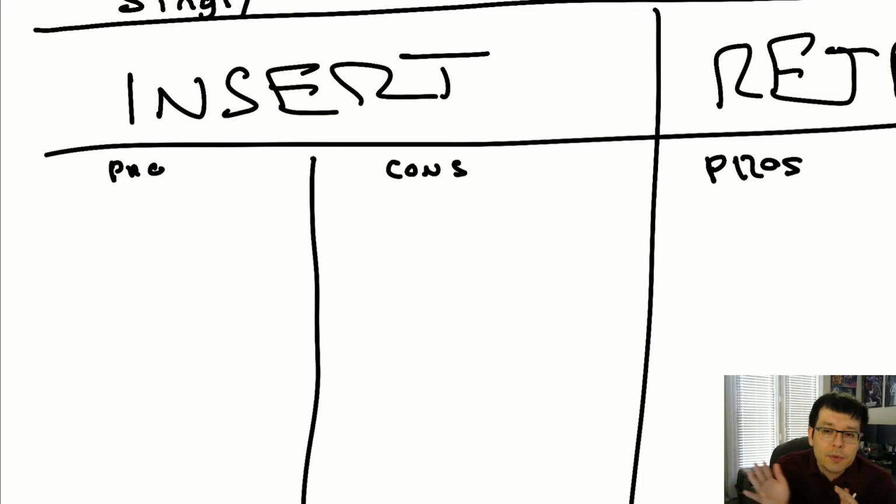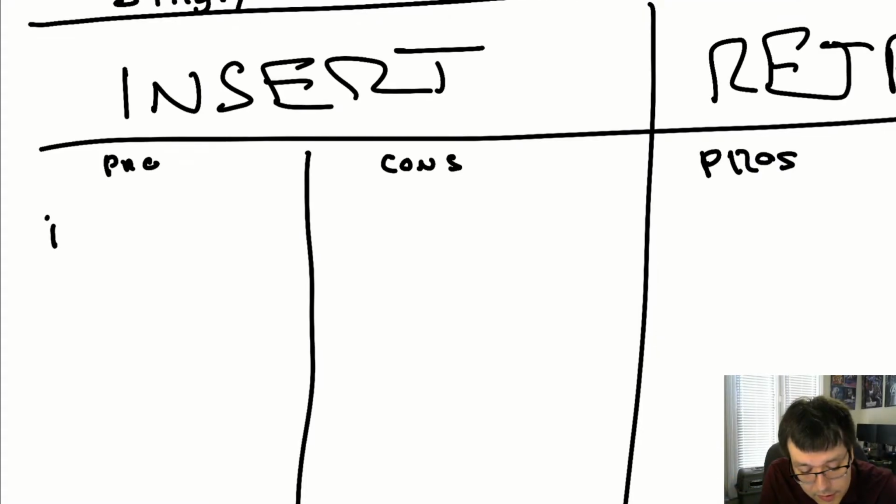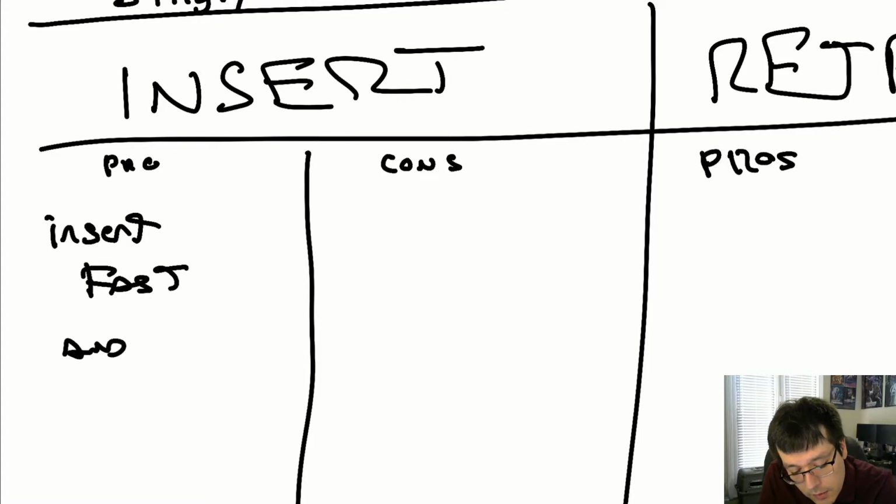So you end up with extra space that is probably not currently being used, so that you don't have to resize every single time you insert one element. You make that compromise. With the linked list, there is no need for such a compromise, okay? So the pro is that you can insert fast and not worry about space.